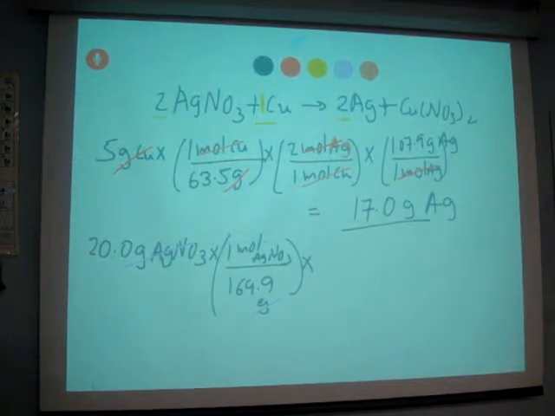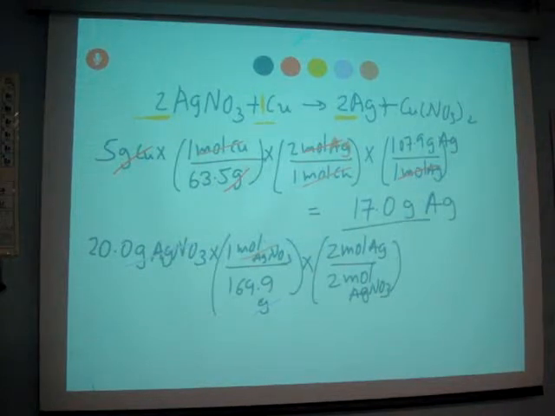Now when you look at the balanced equation, there is a 2 to 2 mole ratio because 2 moles of AgNO3 are used up and 2 moles of Ag produced. So that's simple, 2 moles of Ag and 2 moles of AgNO3. Moles of AgNO3 cancel, and you produce moles of Ag.